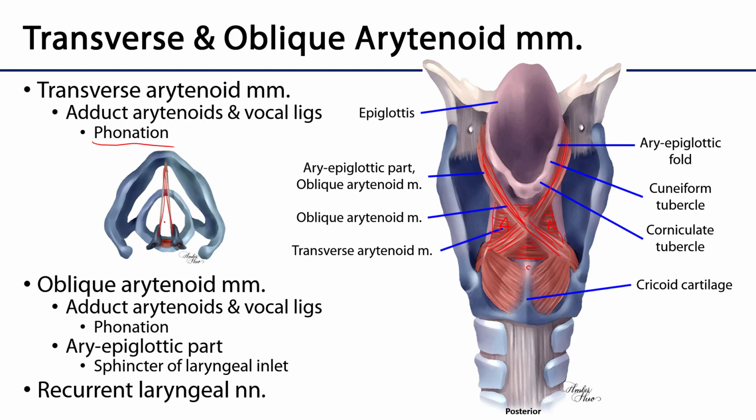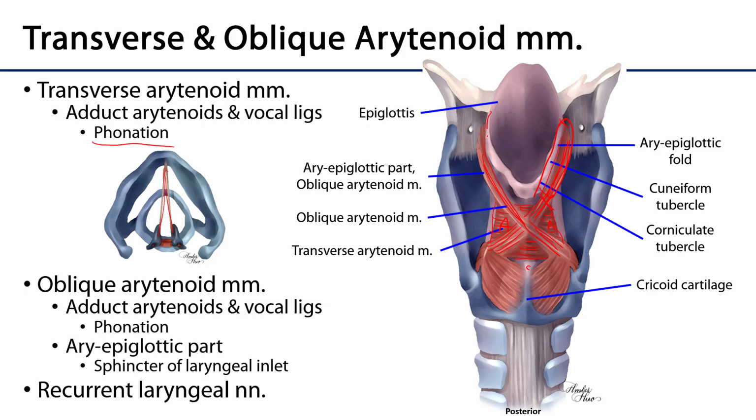There's also an additional part of the oblique arytenoid muscle, which is going to be important here. And I'll circle it there. This is known as the aryepiglottic part of the oblique arytenoid muscle. That aryepiglottic part gets its name because it's connecting the arytenoid cartilage with the epiglottic cartilage.